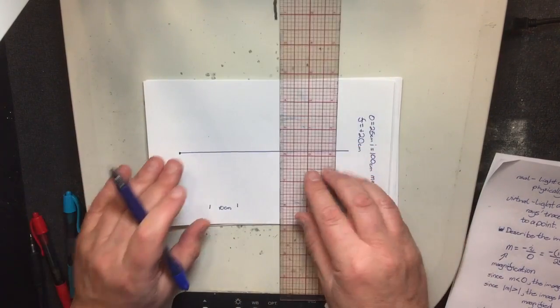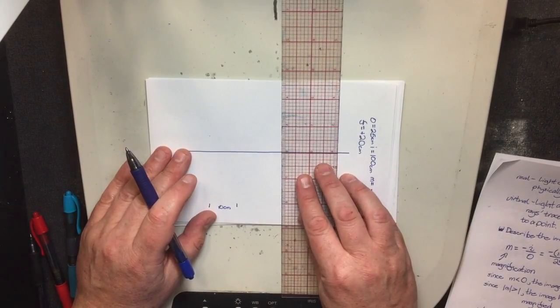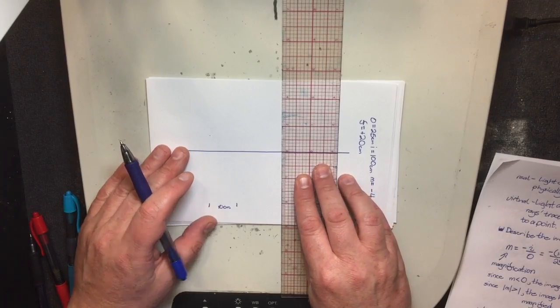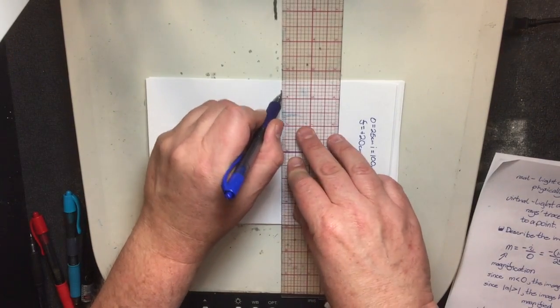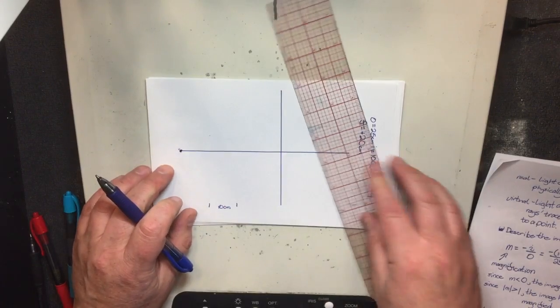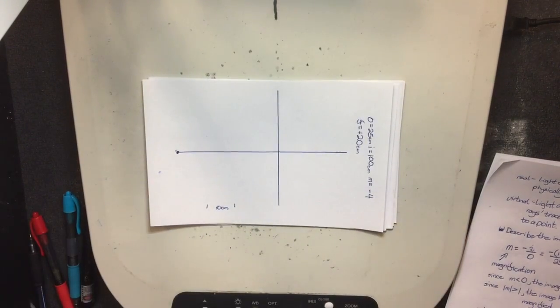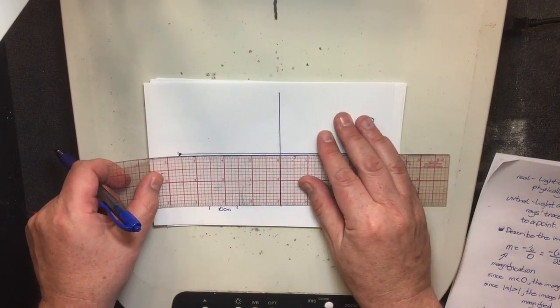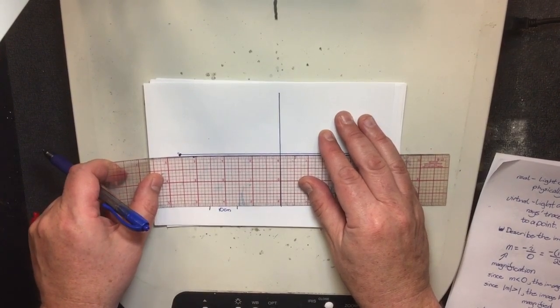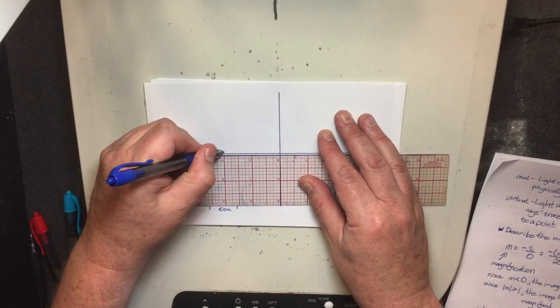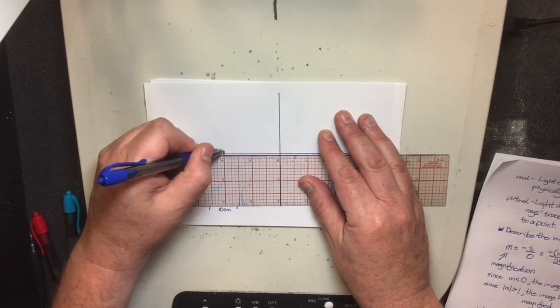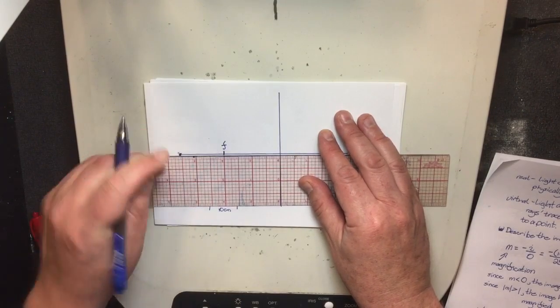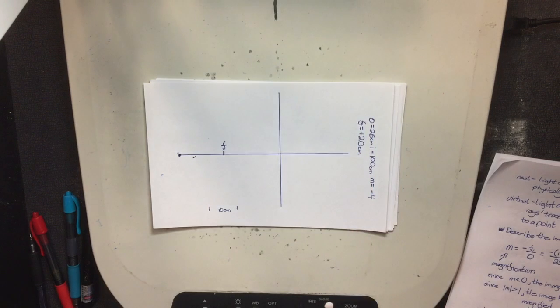This is my mirror axis. The first thing I want to do is mark that focal point, which is 20. Since it is a concave mirror, the focal point is to the left.